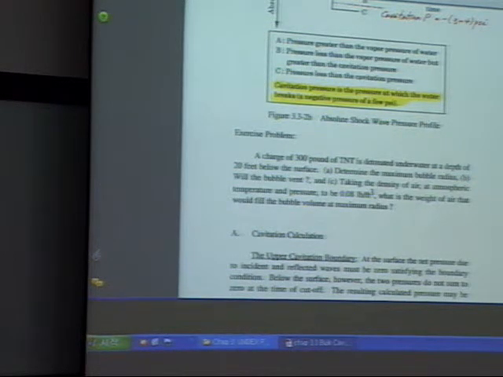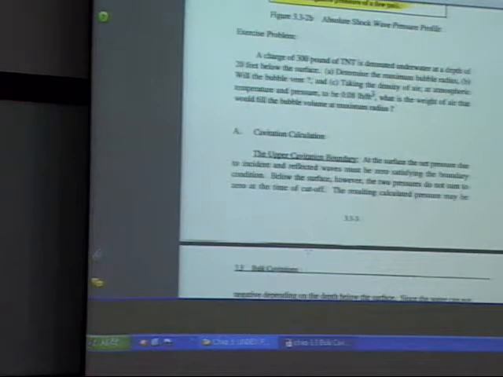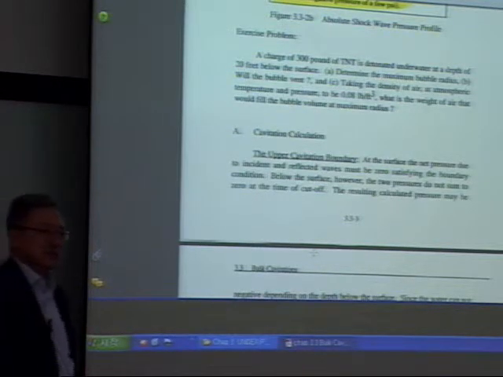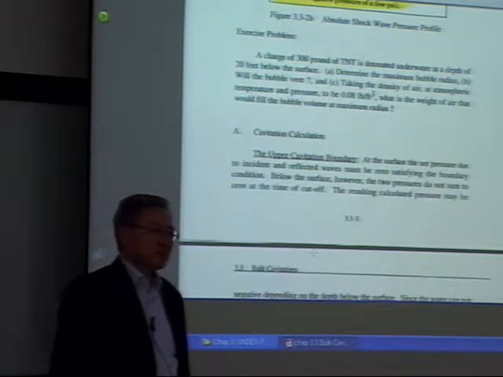Exercise problem: the cavitation calculation. The first attempt was done by Dr. Aaron, A-R-O-N, in 1946 or 1949. If you look at the references, his name is there.